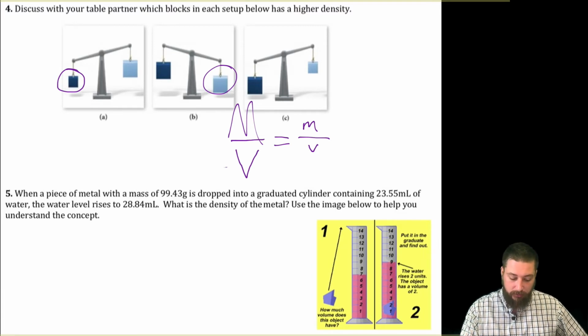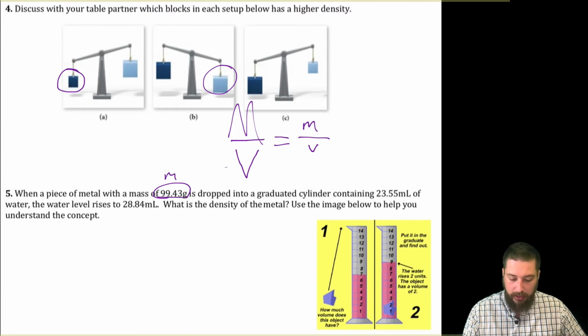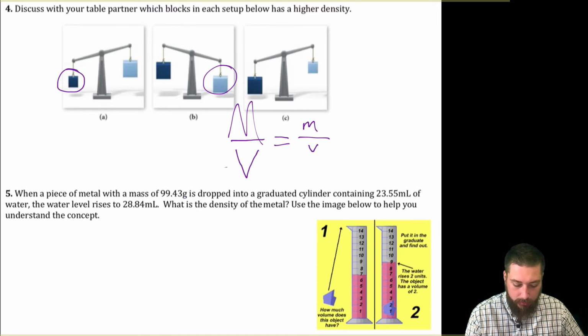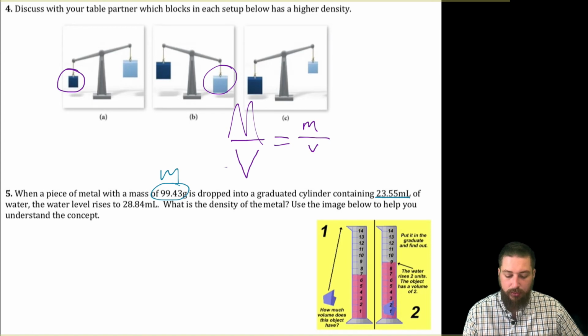Let's go ahead and take a look at number 5. Number 5 says when a piece of metal that has a mass, okay, so we've got our mass right here, and I'm going to change colors just because I'm getting done with that color, is dropped into a graduated cylinder, and the graduated cylinder has 23.55 milliliters of water.